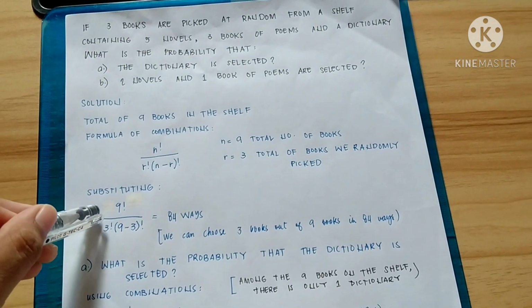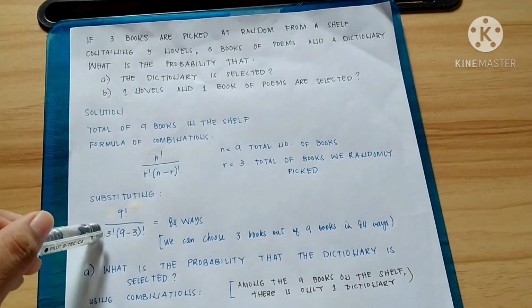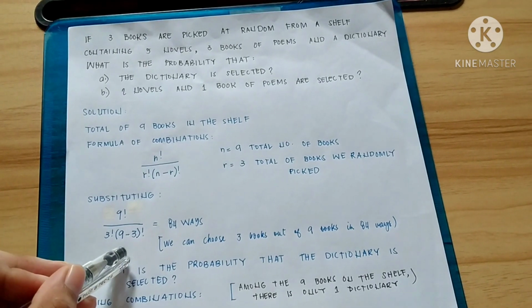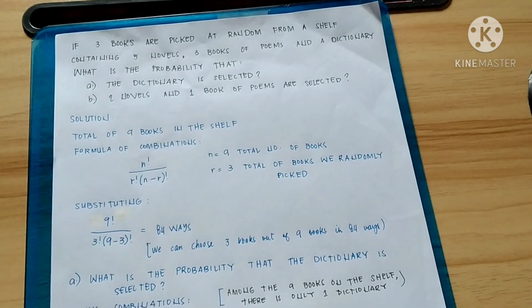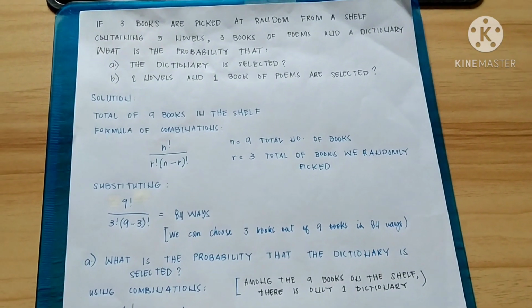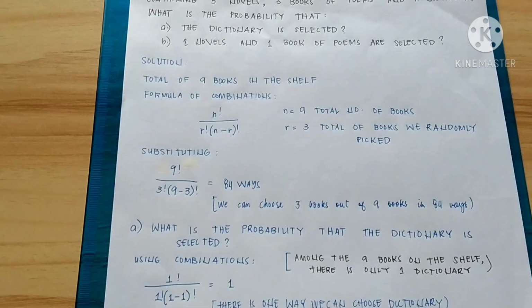Substituting that, 9 factorial all over 3 factorial multiplied by the 9 minus 3 factorial, we get 84, which means we can choose 3 books out of 9 books in 84 ways.